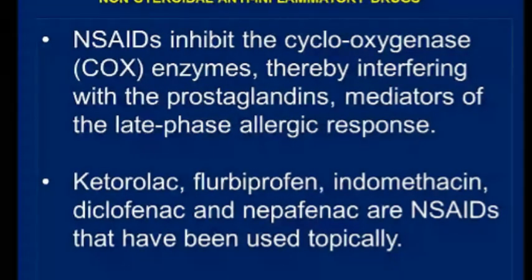Examples of our anti-inflammatory drugs are ketorolac, which we can find in eye drops. Flurbiprofen is also in eye drops. Indomethacin we also see in eye drops. Diclofenac can be in eye drops and tablets. Nepafenac can be in eye drops too. So all these are our NSAIDs. They are used topically.